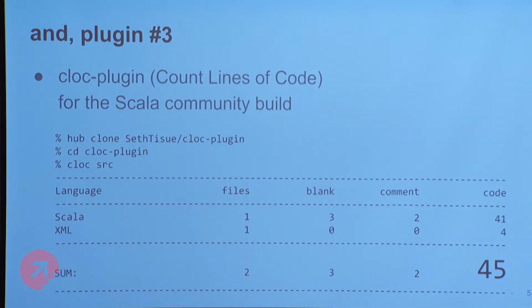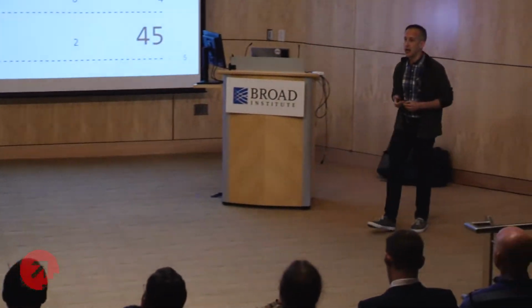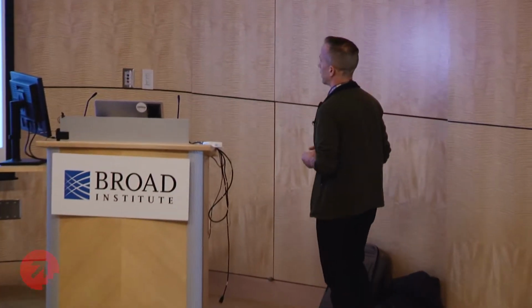So this little compiler plugin counts the lines of code in only the files that you actually compiled. Once I got that done, I ran CLOC on itself and found that it was surprisingly small. It's only 45 lines of code, 41 Scala, 4 XML.